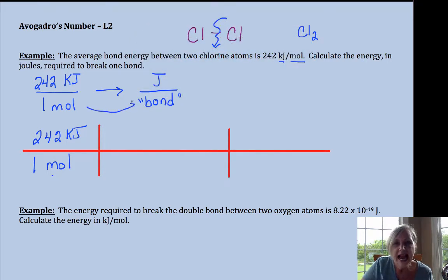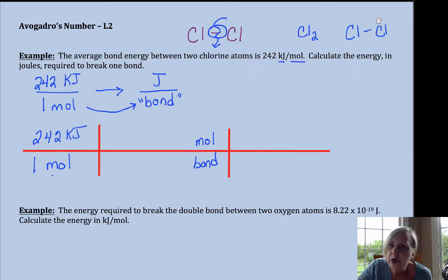So I have moles. I'm going to convert this first. So we've got to convert moles to bonds. I want to get rid of moles, but this time moles in the denominator. So to eliminate it, I'm going to put it in the numerator. And I want to convert that to a count of bonds that could be broken. How many of these individual bonds could be broken?